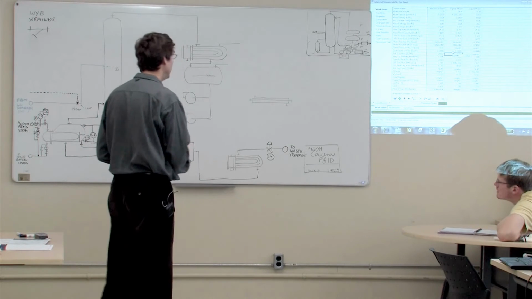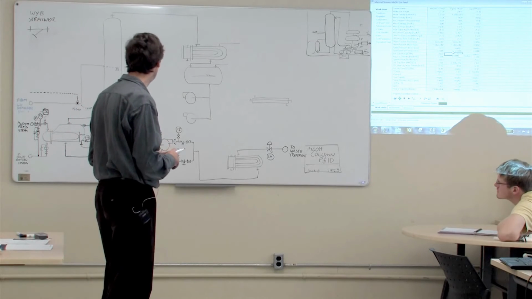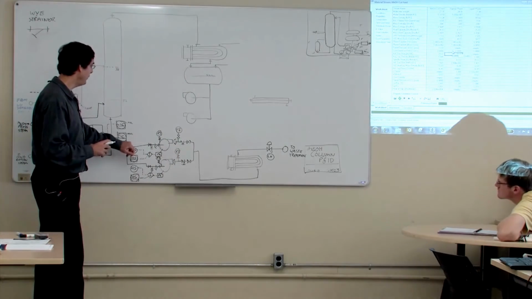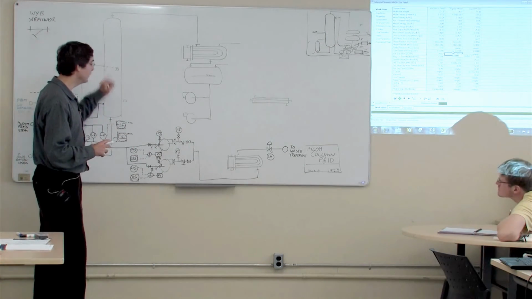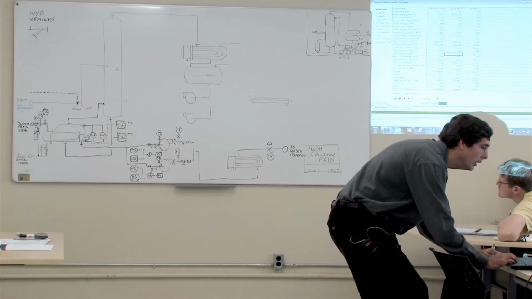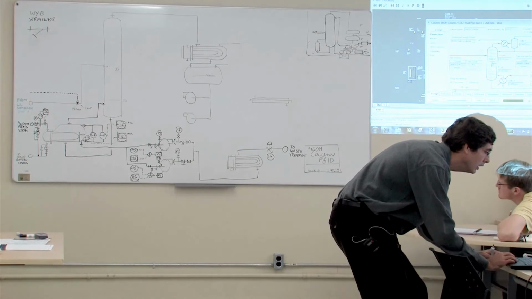If you look at the rules of thumb that we talked about yesterday, what we're looking for is to see whether the liquid flow rate off here is significantly more than 10 times greater than the vapor flow rate going up into the tower. So I'm going to go into HYSYS and have a look at what I have there.